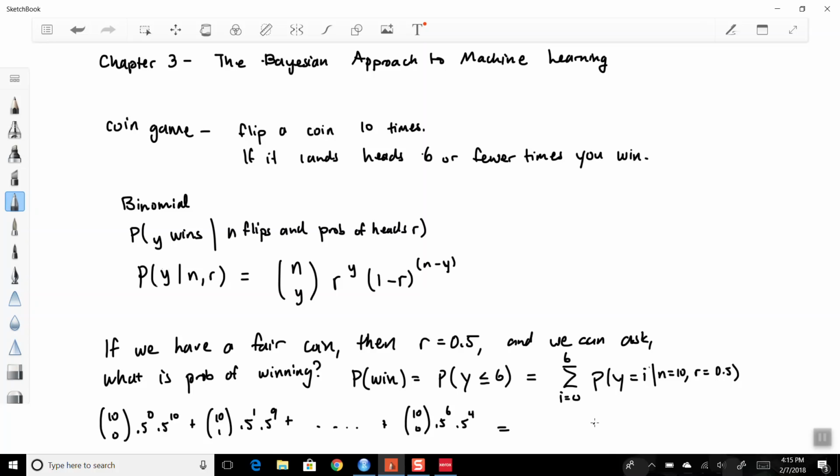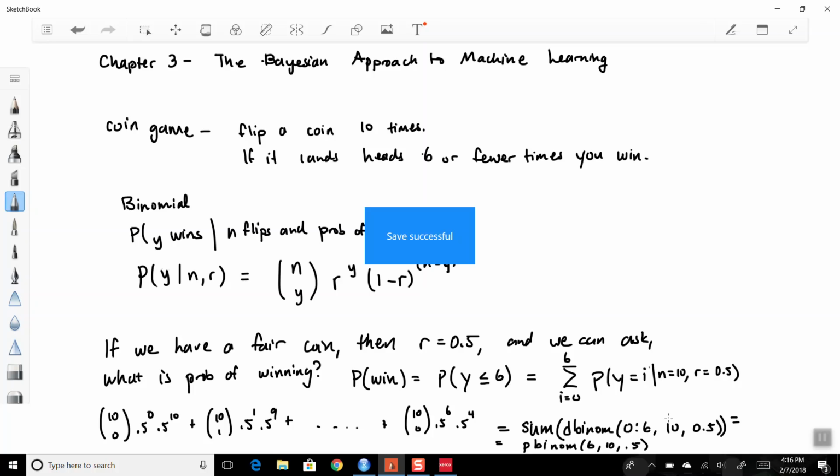Or if we wanted to do this in R, what would we do? We could do a few things. We could do sum of dbinom 0 through 6, 10, 0.5. And this is also equal, and I've run out of space, I'm going to just write it, equal also to pbinom 6, 10, 0.5.